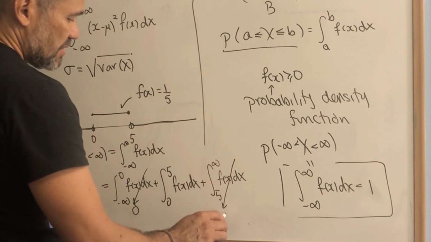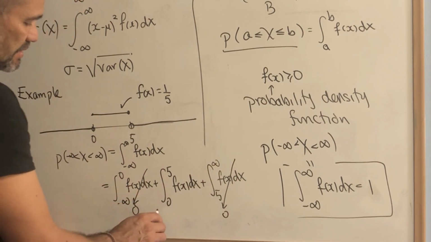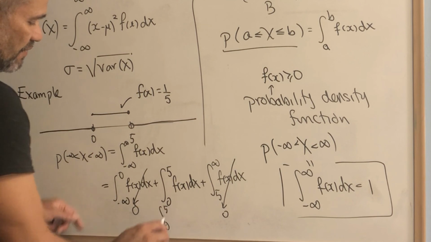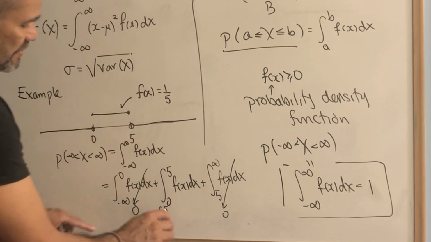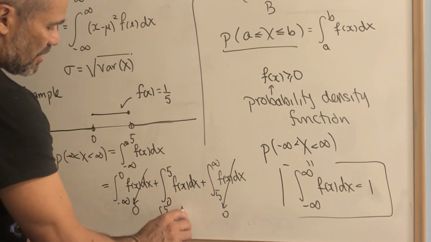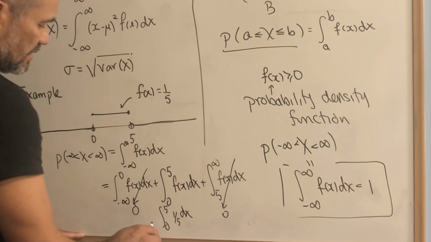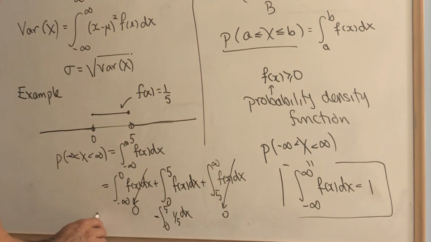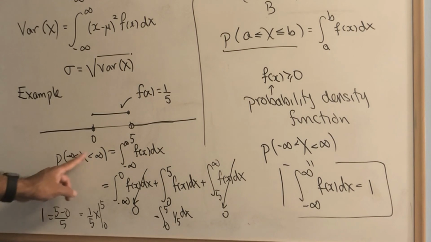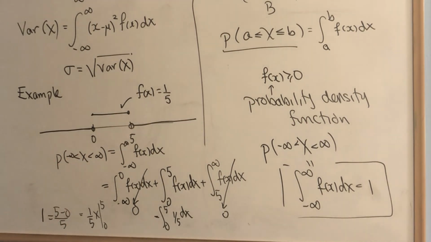This part here is 0. And this is just the integral from 0 to 5 of 1/5 dx, which is 1/5 of x from 0 to 5. This is 5 minus 0 over 5, which is just 1. Then, as expected, this probability is equal to 1.